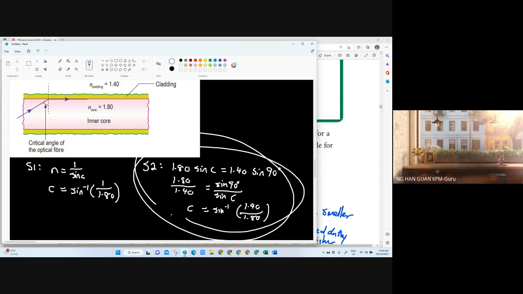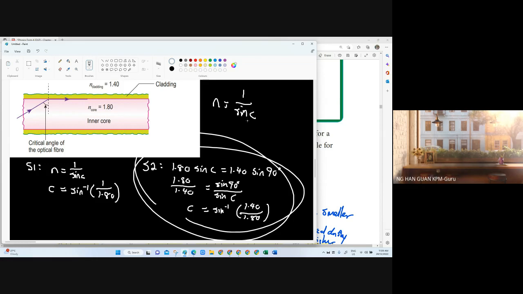By right, according to n equal to 1 over sin c, the critical angle of a particular medium shouldn't change. Just like the diamond critical angle of 24.4 degrees is fixed already. The water is fixed already.